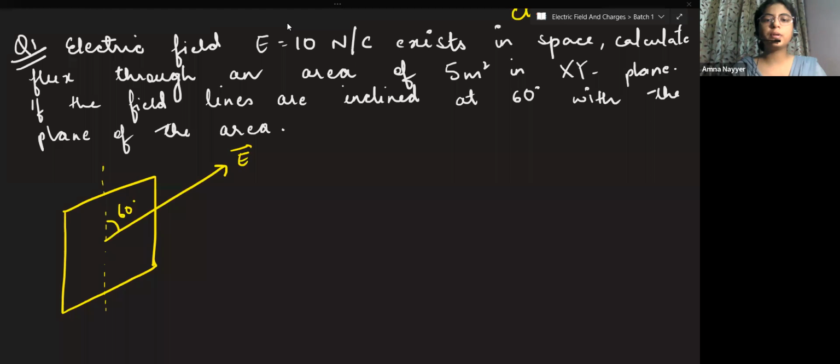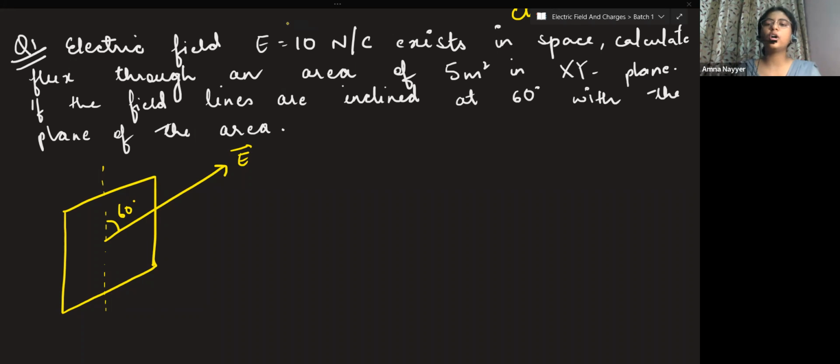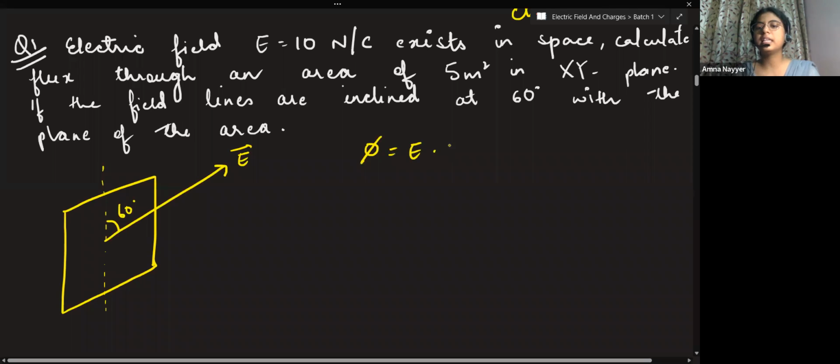All right, Samaira, you tell. ES cos theta, correct. Dot product of E dot S. Means E dot S we have to consider, which can be written as ES cos theta.